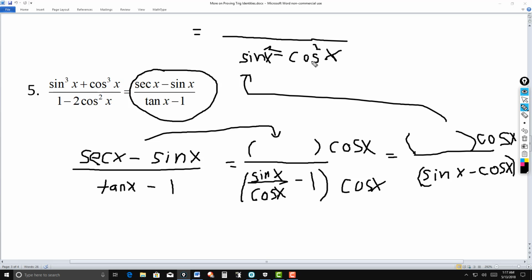So this is okay, but whatever I do to the denominator, I have to do to the numerator. So this is going to be cosine of x here. And again, remember that in the parentheses, it's secant x minus sine x. So this also has to be multiplied by sine of x plus cosine of x.